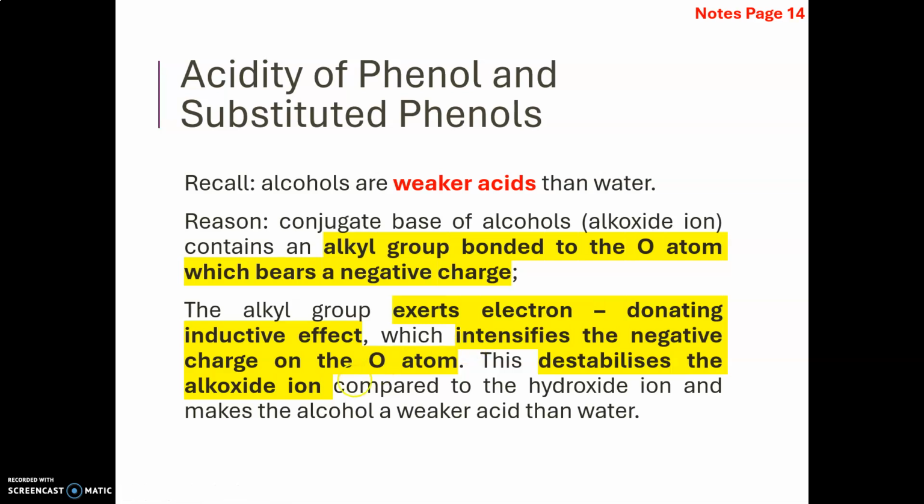And when the negative charge on the oxygen atom has been intensified, it results in destabilization of the alkoxide ion, but no such effect exists in the hydroxide ion. So since the alkoxide ion is less stable than hydroxide ion, alcohol is a weaker acid than water.